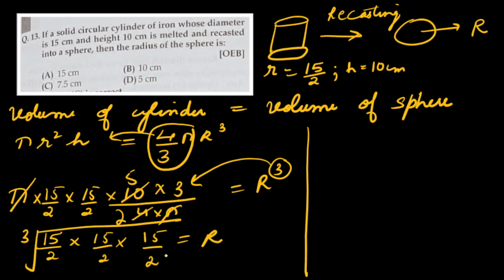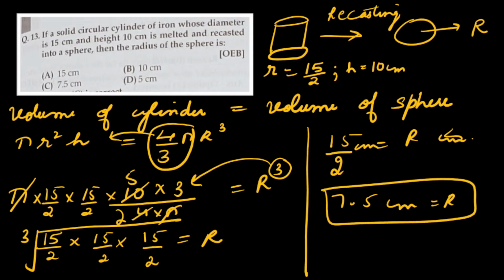So triplets we have got, and a triplet we can take out of the root as one number. So 15 by 2 is the value of R. We can just convert it to decimal because 7.5 is the option. According to the options we have to write the answer because these are MCQ questions. So option C is the correct answer.